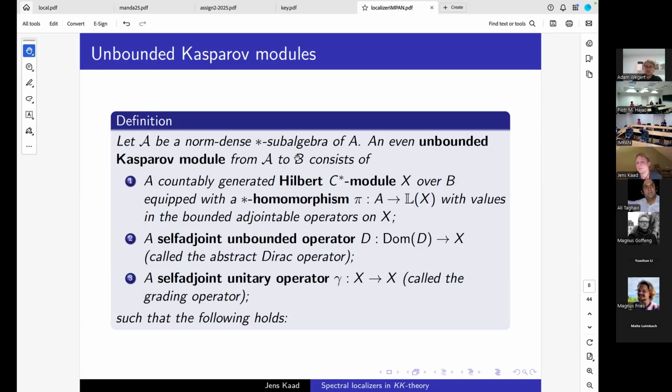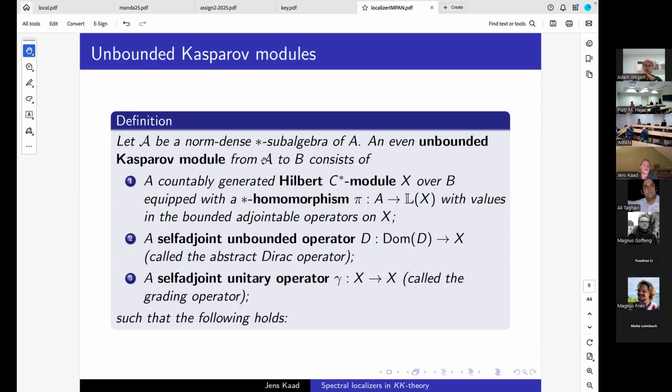Yes, so we have computed this unbounded Kasparov product in the case of fiber bundles, for example. What you get is that if you start out with a Dirac operator on the base, and you have some vertical Dirac operator, you can take this unbounded Kasparov product and you get a Dirac operator on the total space, which agrees with the Dirac operator you would get from the spin structure on the total space up to some curvature term.